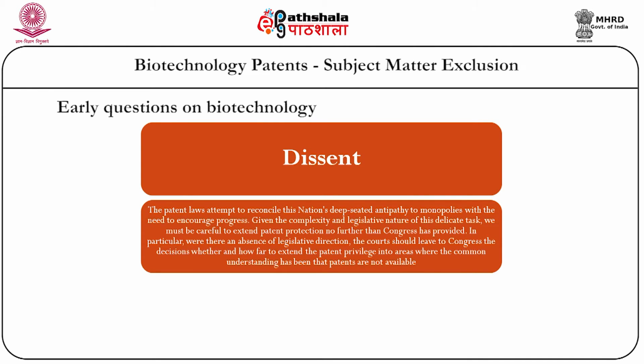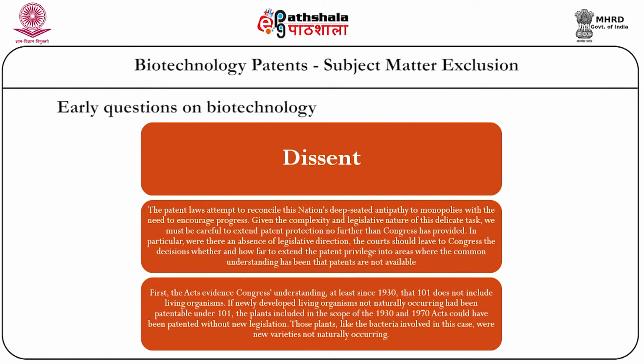In particular, where there was an absence of legislative intention or direction, the court should leave to Congress the decisions whether and how far to extend the patent privilege into areas where the common understanding has been that patents are not available. The dissent also stated, first, that the Act's evidence shows Congress's understanding, at least in 1930, that section 101 does not include living organisms.